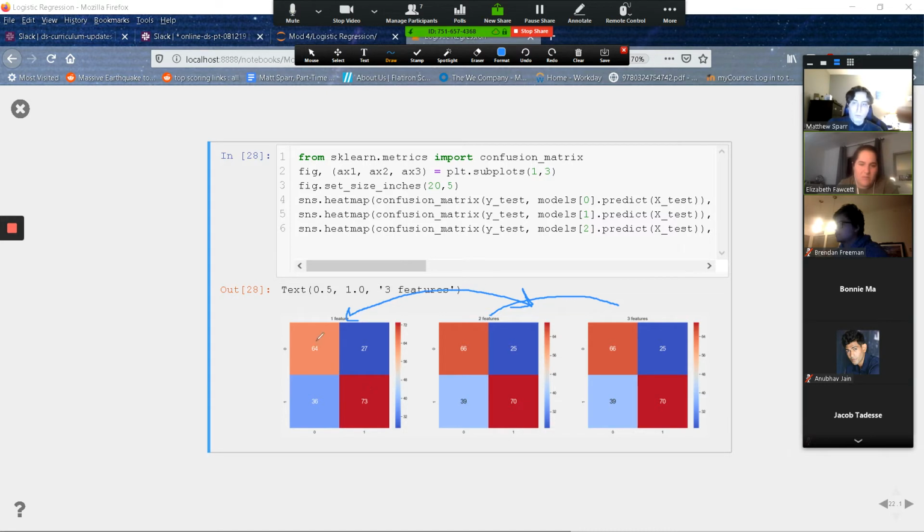So we have fewer true negatives. Can anyone think of a situation where it's more important to minimize false positives as opposed to false negatives? For example, maybe something medically related.